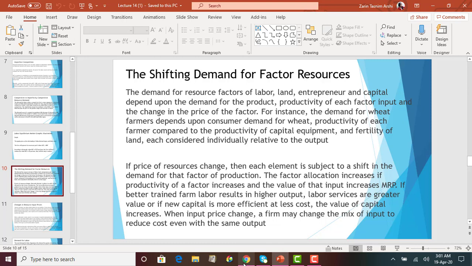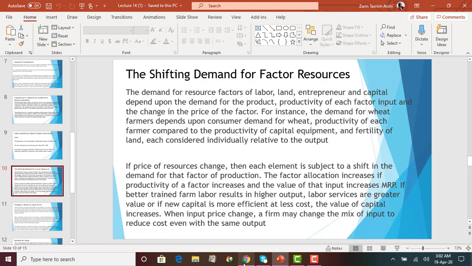Similarly, if the labor is better trained, if the labor has more value than the capital, then they will use more labor than capital. That's what it's trying to say.